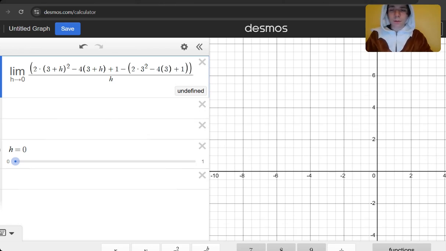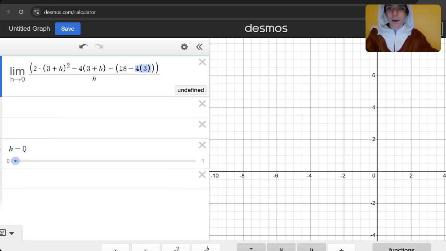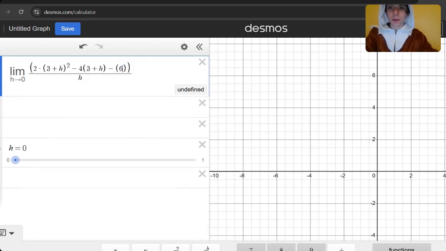Now we can cancel some of these out. So we can cancel out the plus 1 from both sides because it is subtracted on this and added here. And then these numbers, we can evaluate these. So this is going to be 18 minus 12, which is 6. And now we can start with this side as well.